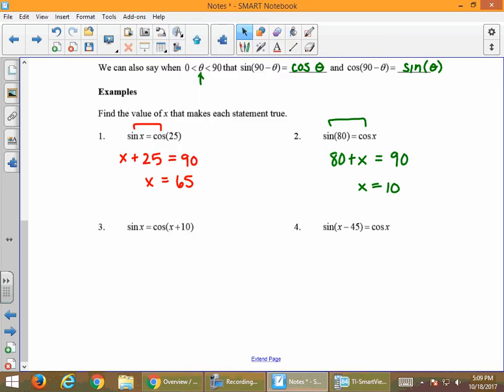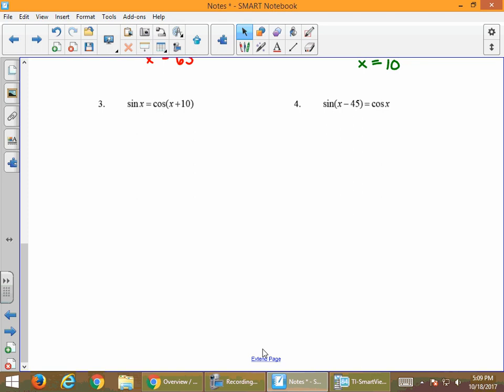All right, as I get down to question number 3, 3 and 4 look a little bit more challenging, but again, they're not. I see that I have a sine equal to a cosine, which means my two angles have to be complementary. Well, my first angle is x. My second angle is x plus 10. If they're complementary, that means they add up to 90. So I just add my two angles together and make sure they equal 90.